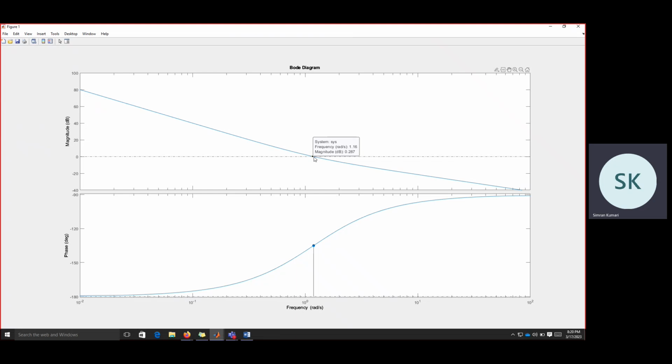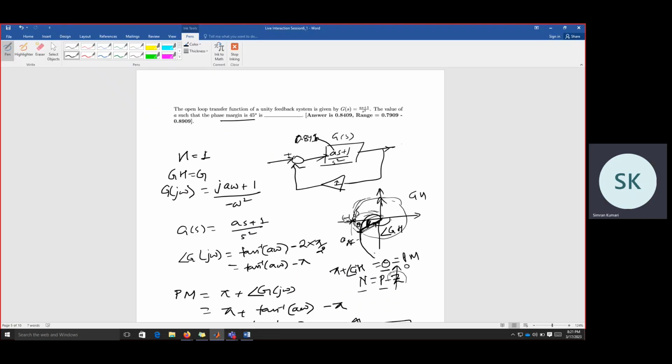So we have this point, and at this frequency, which is 1.16 radian per second, we have to find the phase shift or phase angle. So the phase margin, which is 45 degrees, is this angle above minus 180 degrees for this system. So this is a 45 degree phase margin. Okay. So the value that we have got for A is correct. Now we will proceed to the next question.